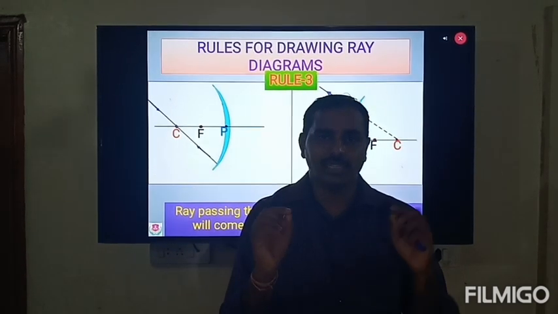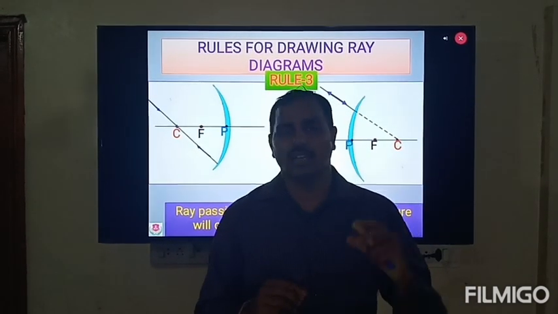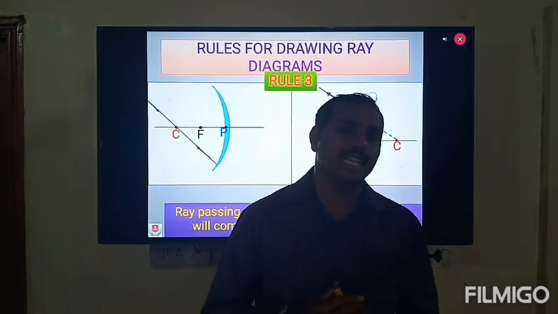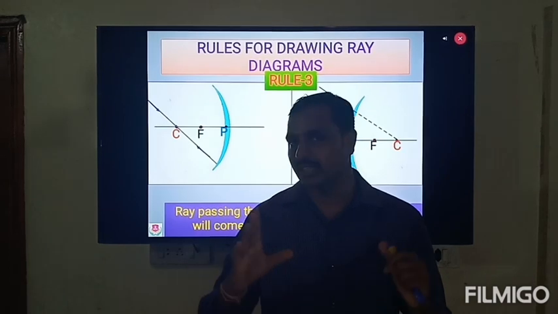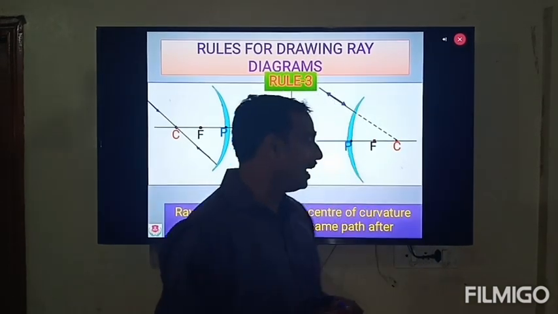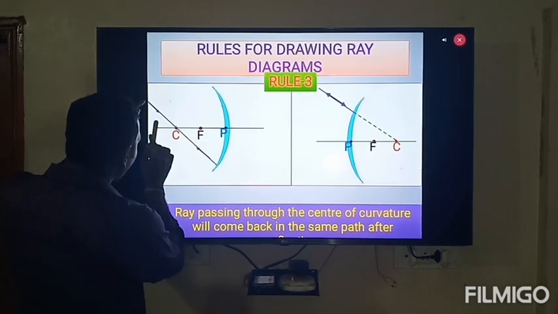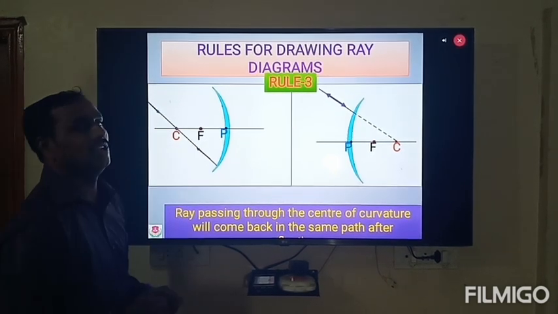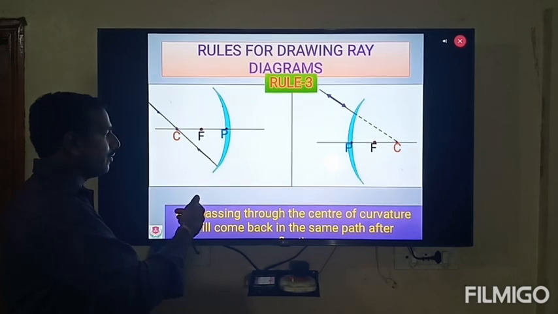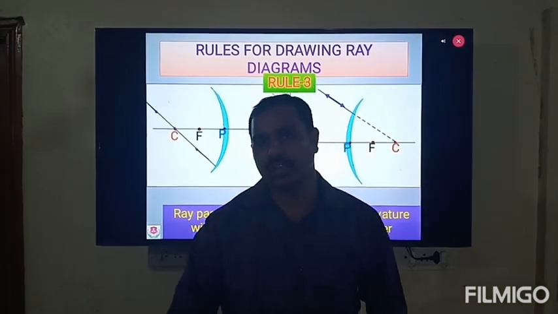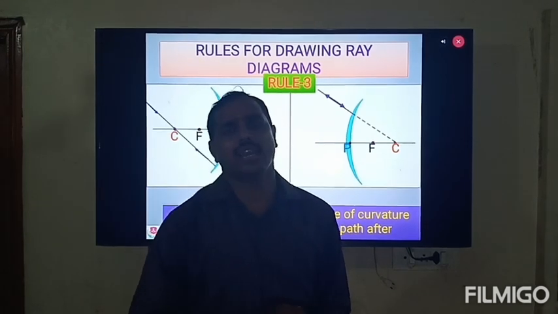So all these normals pass through the center only. Normal means the angle it makes with the surface is 90 degrees. A ray which is coming towards the surface along the normal makes a 90 degrees angle. So when the incident angle is 90 degrees, as per the law of reflection, it makes the same angle again after reflection.